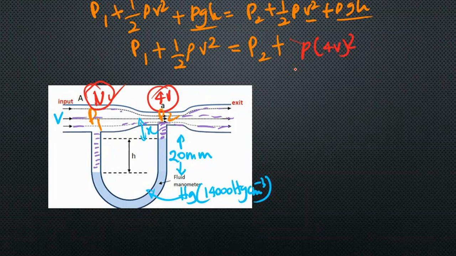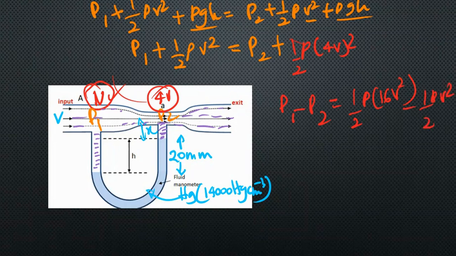4v squared, right? Then to find v, we need to take P1 minus P2 to one side and the rest to the other side. So here we get half rho 16v squared minus half rho v squared. If you haven't done this question, do it together with me so you understand it properly.